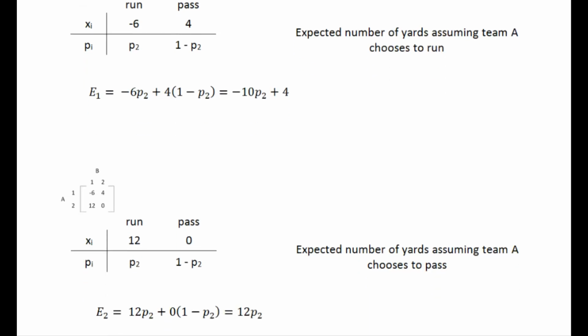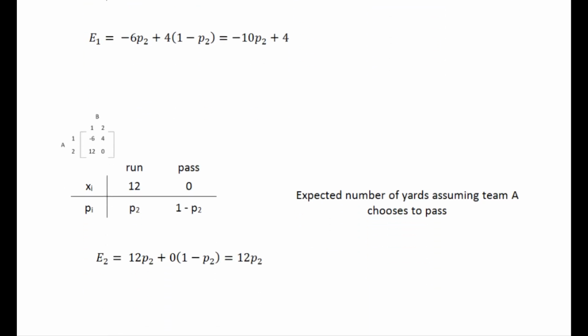All right, one more expected value. Calculate the expected number of yards that Team B will gain, assuming Team A chooses to pass the ball. If Team A chooses to pass the ball, that's option 2 for Team A, so that's 12 and 0. So 12 times P2, and then 0 times 1 minus P2. That gives us 12 P2.